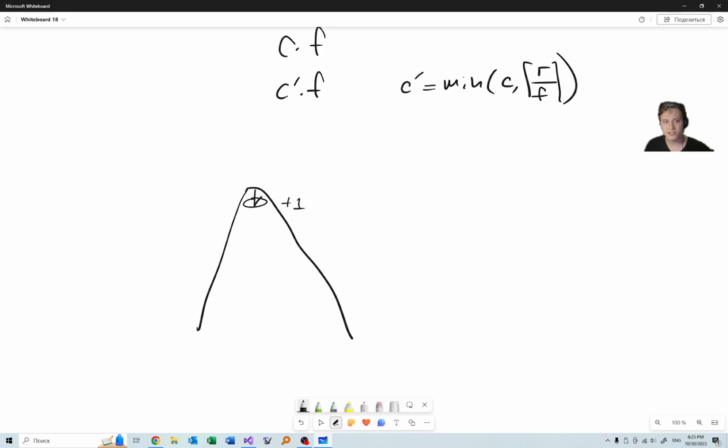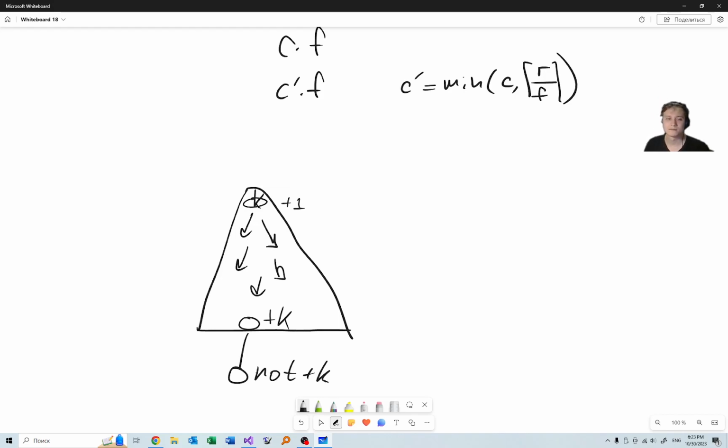So if we have number k, it is a promise to add k to all these vertices. And this is not really nice, because if we after that add some vertex here, this should be added k, but this should not. So not plus k.